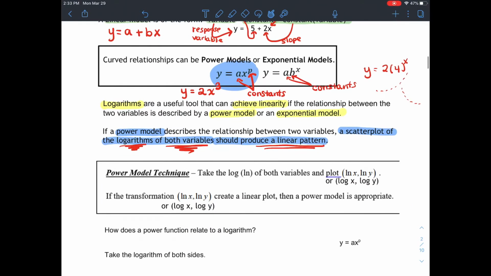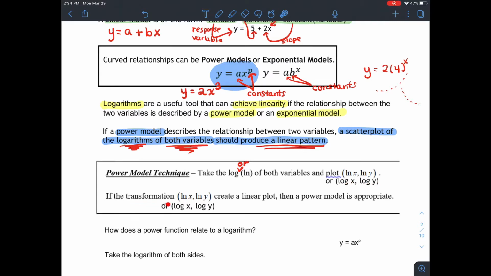Now, you can do this with a common logarithm, log base 10, or you can do it with a natural logarithm. So you can either take log, and I'm going to insert the word or here, or you can take a natural log of both of your variables. So you would either plot natural log of x, natural log of y, or log x, log y, either one.